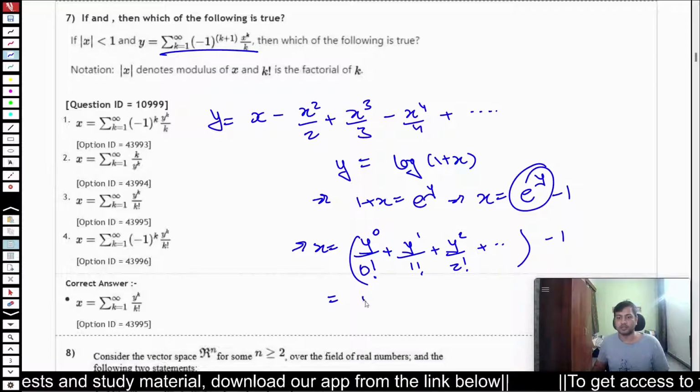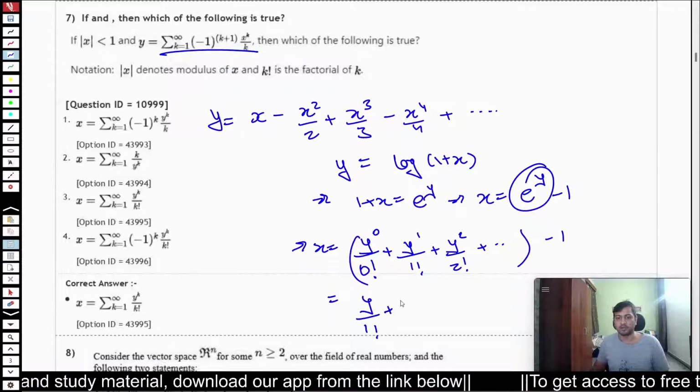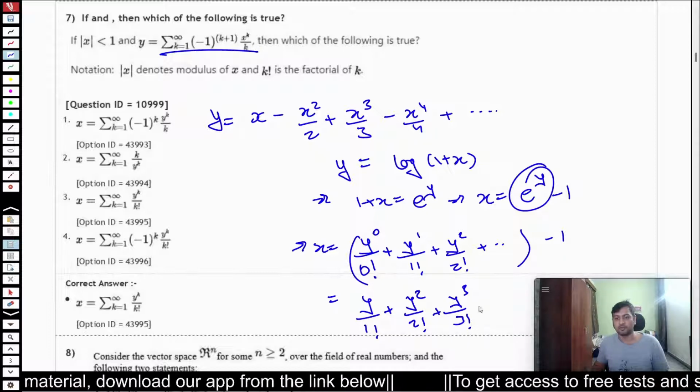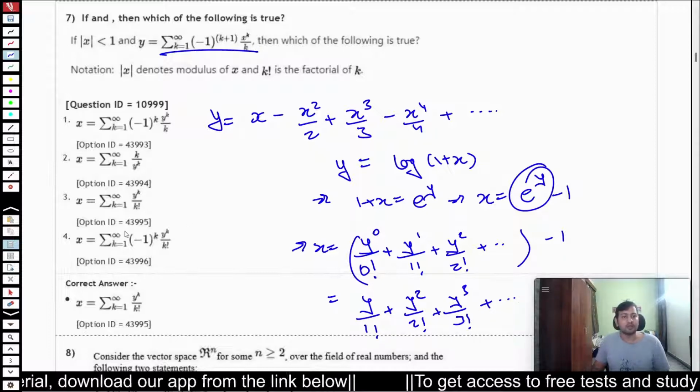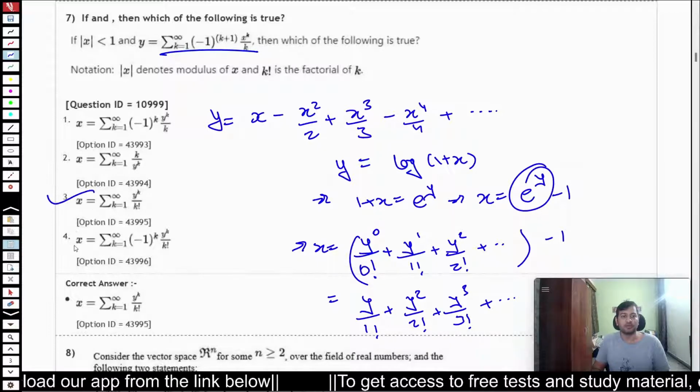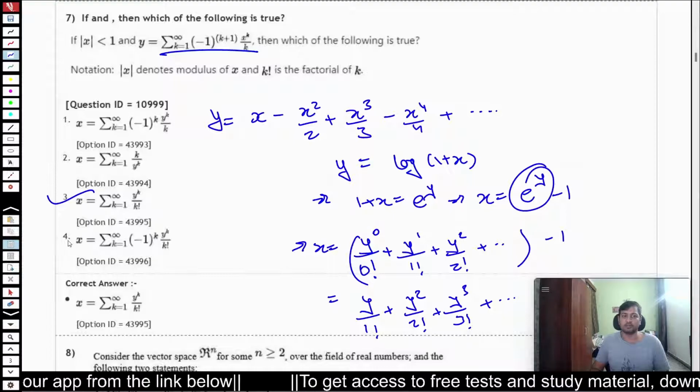So that is basically y by 1 factorial plus y square by 2 factorial plus y cube by 3 factorial and so on. Okay, so y to power k by k factorial going from 1 से लेके infinity. So that's your answer, option number 3.